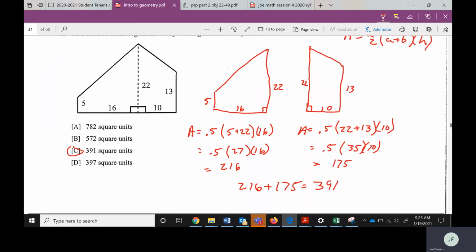Okay. So that is all the problems we need to do. I think the rest of those you'll be able to do. The last thing I'll just do for you here is summarize.